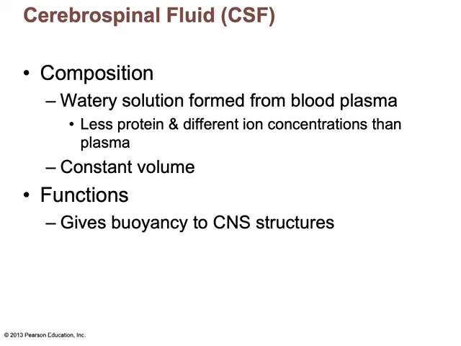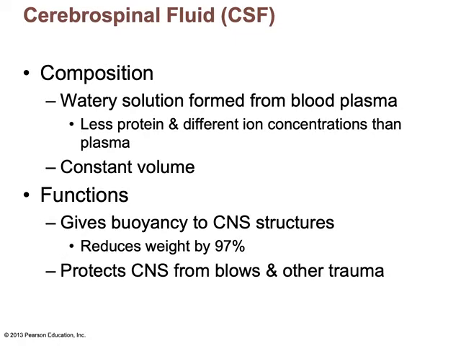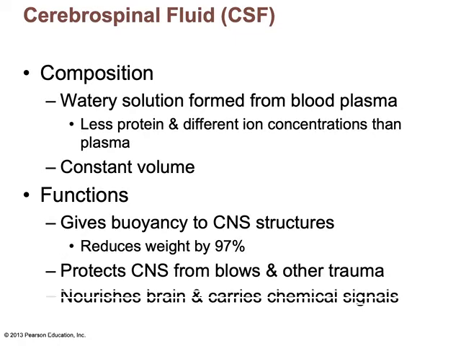Well, it allows the central nervous system structures to float, reducing their weight by 97%. It protects the central nervous system from trauma, and it nourishes the brain and carries chemical signals, all right?